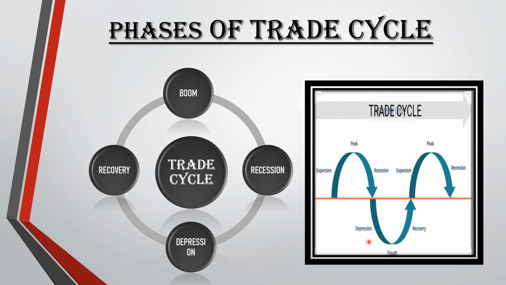The growth in the economy continues to decline, and as it falls below the steady growth line, the stage is called depression. Here in the picture you can see the trough. In the depression stage, the economic growth rate becomes negative, the lowest point you can see here.